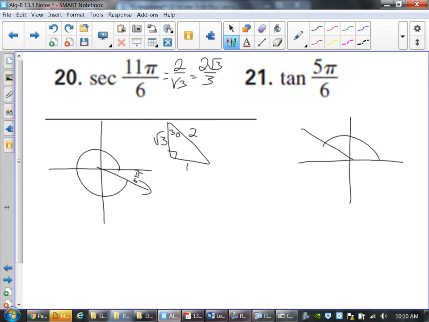In the second quadrant, pi over 6 relates to which triangle? 30. Tangent of 30 degrees is 1 over root 3, which is root 3 over 3. And is tangent positive or negative in the second quadrant?